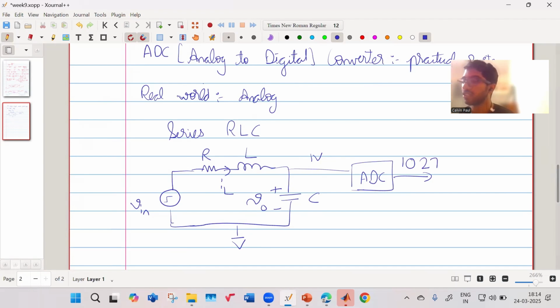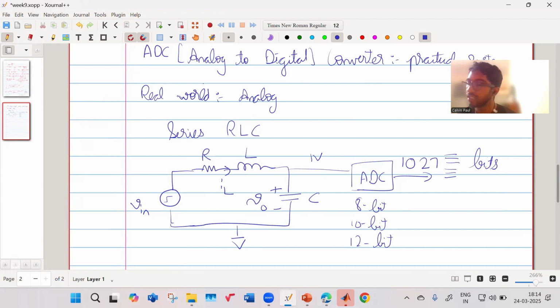So 1 volt corresponds to the digital number 1027. It is in terms of bits, and usually we have an 8-bit ADC, 10-bit ADC, 12-bit ADC. Depending on the bit size of the ADC, you will get more minute and correct values.